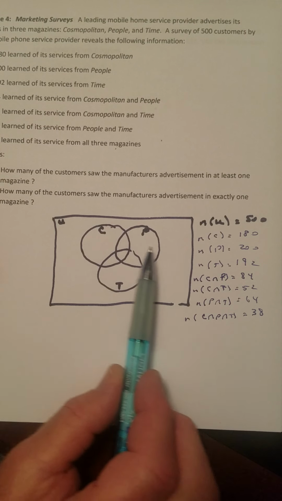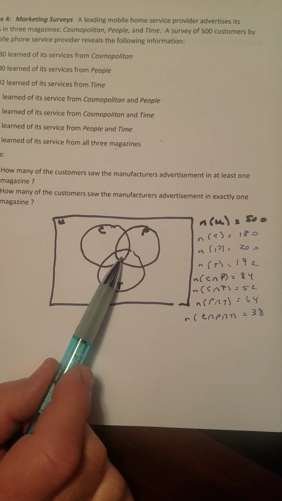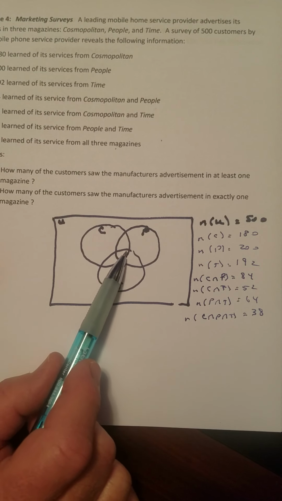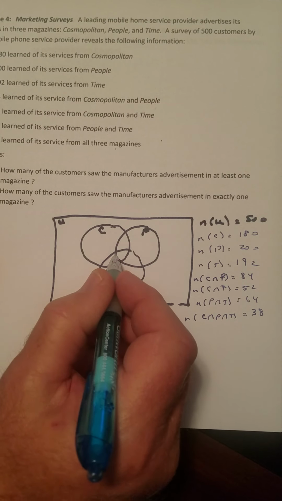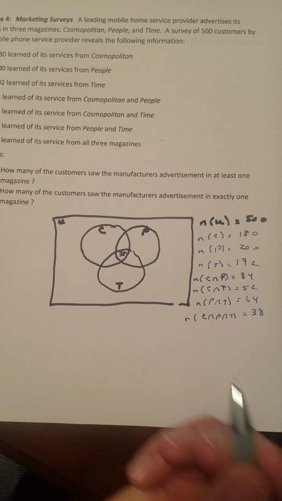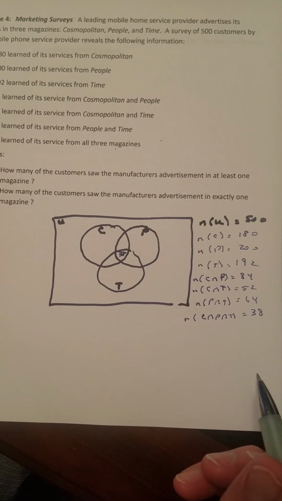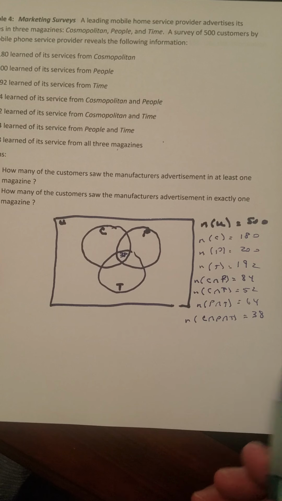Now, let's start putting our numbers up in here. And you always start from the inside and come out. So this would be the intersection of all of those. I'm going to put a 38 right here. Now you can see why I switched pens. And to be honest, I usually just go up.